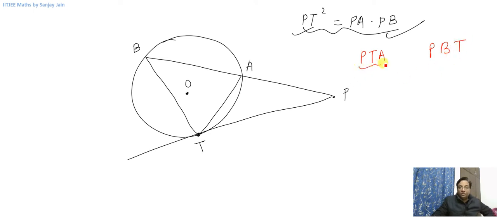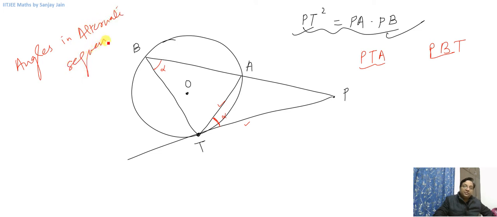All right, focus on these two triangles. This angle here is an angle between chord AT and this tangent, right? So this angle is going to be equal to this angle here. These are angles in alternate segments, hence these are equal.